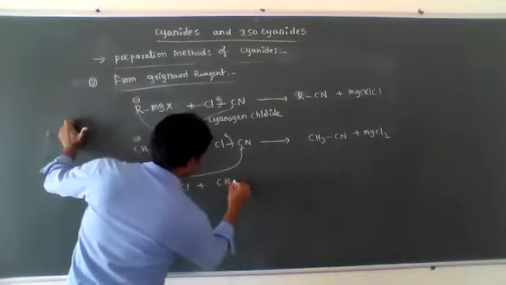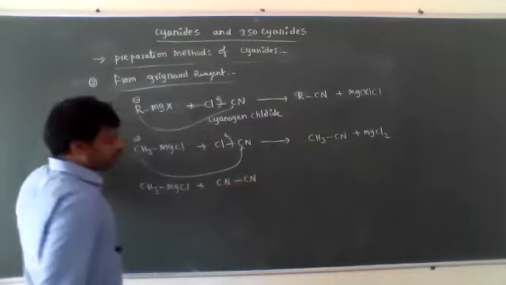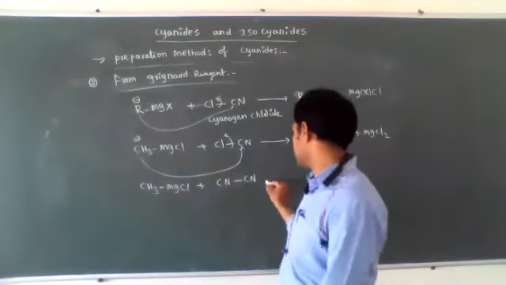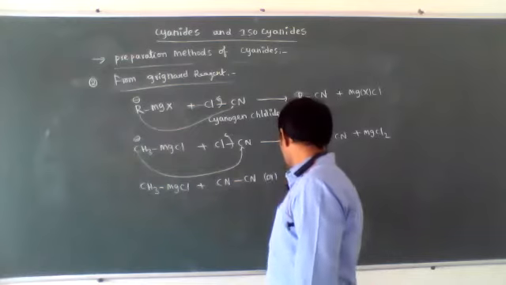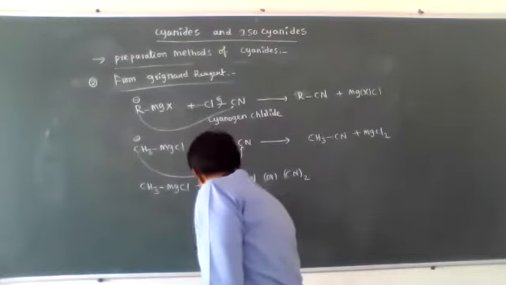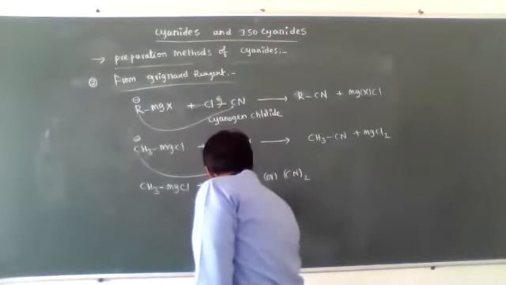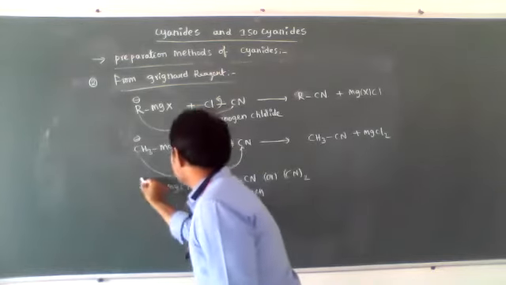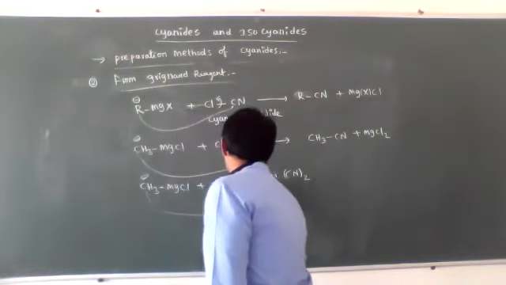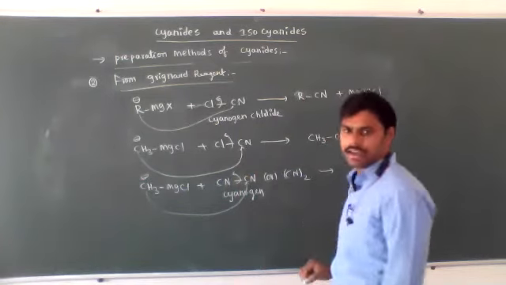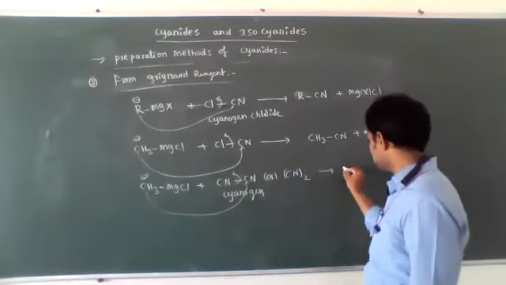Okay, let's see instead of cyanogen chloride, cyanogen. What is the formula of cyanogen? CN, CN, or (CN)2. It's called cyanogen. When the Grignard reagent reacts with either cyanogen chloride or cyanogen, we are getting alkyl cyanides.